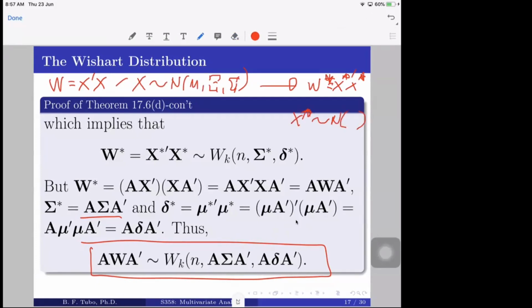If you satisfy that, X star prime X star will be Wishart, and check what N, sigma star, and delta star are.